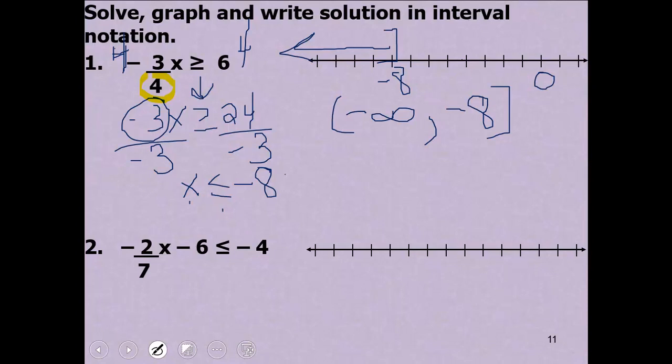All right, now with this one, on example number 2, a couple choices here. I can multiply every single term by 7, which is what I'm going to do. These 7's cancel, and I have negative 2x minus 42 is less than or equal to negative 28. Now I'm going to add 42 to both sides.